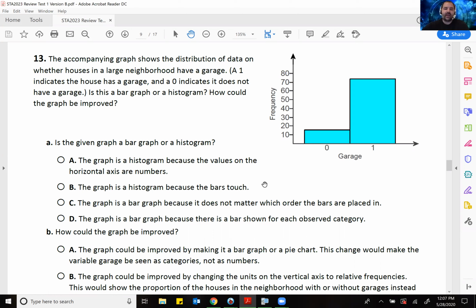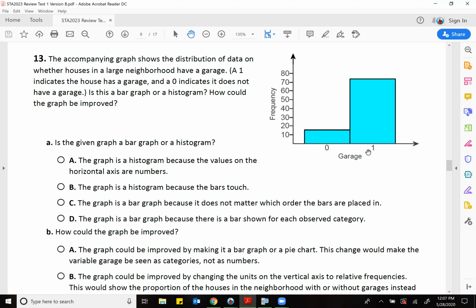It didn't matter if the bars were in order. I could have put the 1 right here and the 0 right here, but this is a bar graph. I know that the bars are touching. That's why they made it like this, because they're trying to throw you off. Because the bars touch, usually that signifies a histogram, but these are categorical.